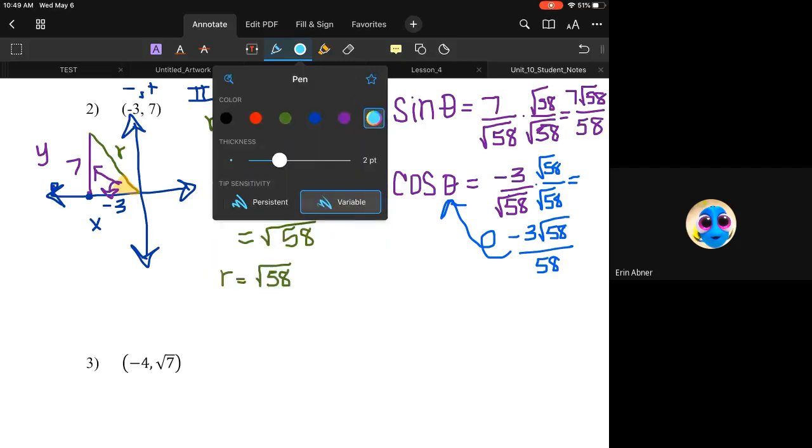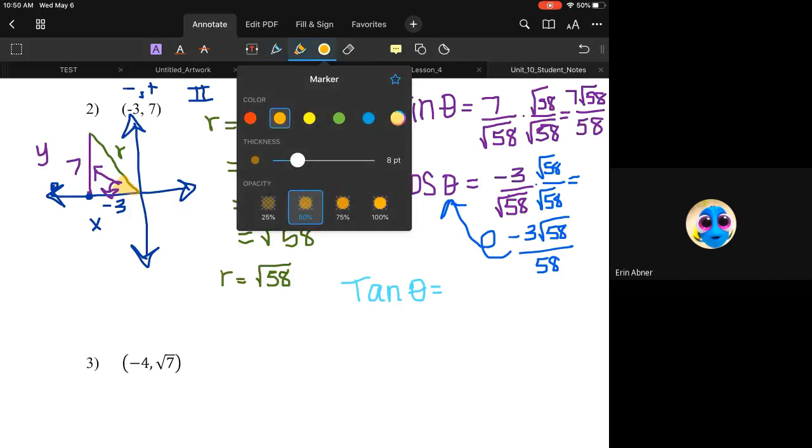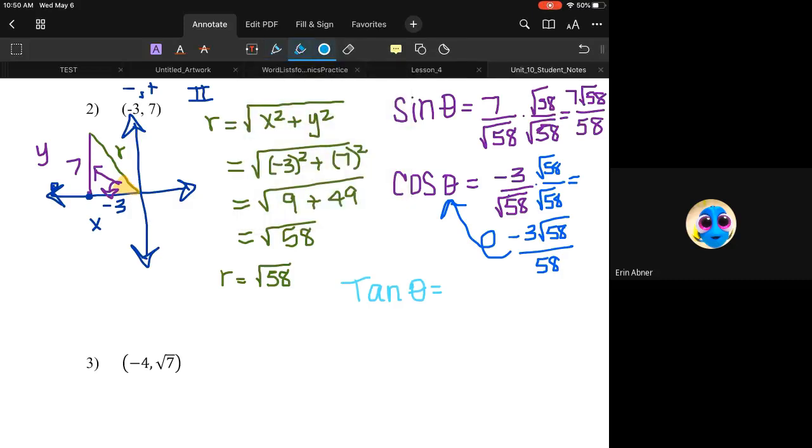So my tangent of theta is equal to my opposite over my adjacent. So my tangent is going to be 7 over -3.